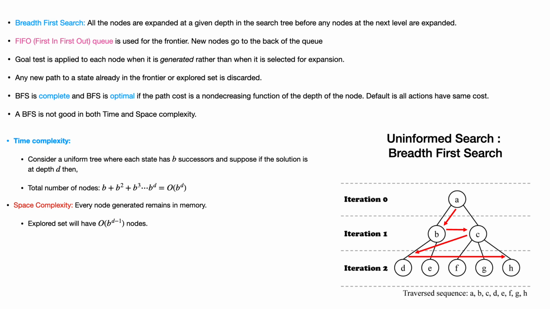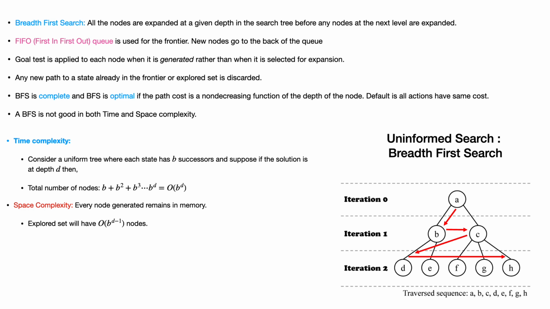The important thing to note is that the space complexity is also very high, because we store literally every node in the reached set, and we verify whether a particular node has already been generated in the frontier or reached, which means you need to store all those nodes somewhere.